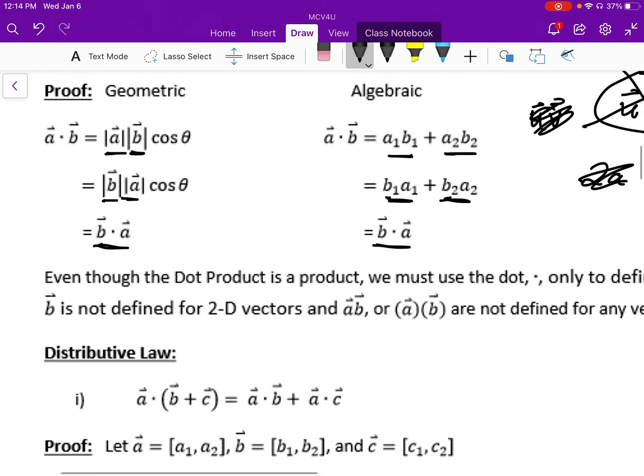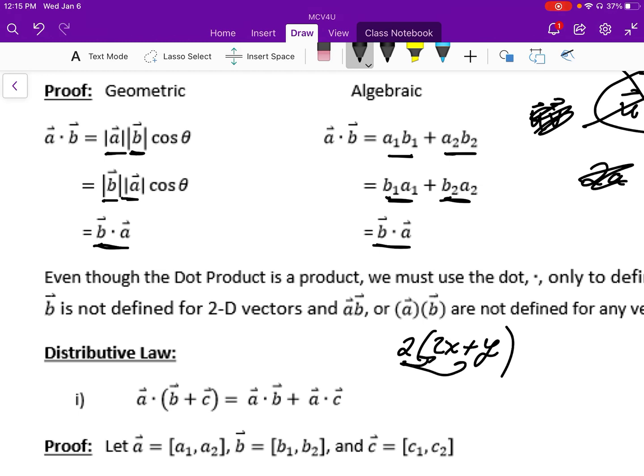The distributive law. We used that probably starting way back in grade 9, where you multiplied the number outside of the brackets by the 2 or more terms inside the brackets.